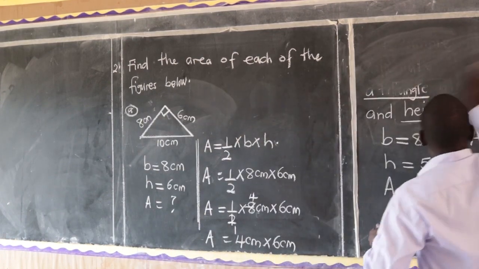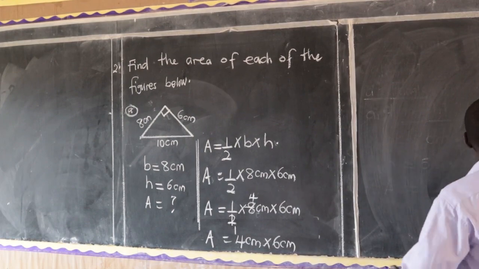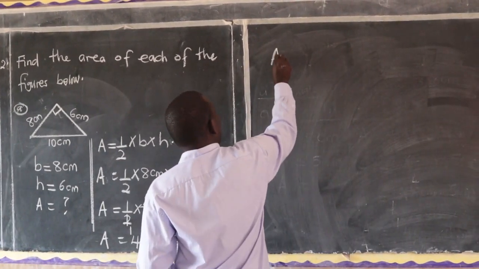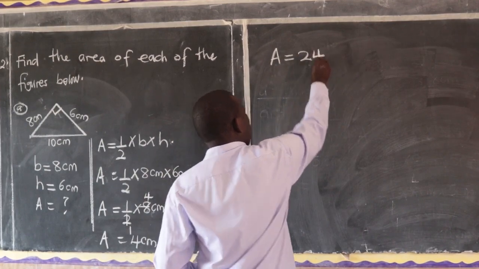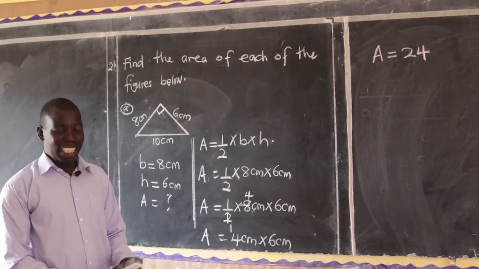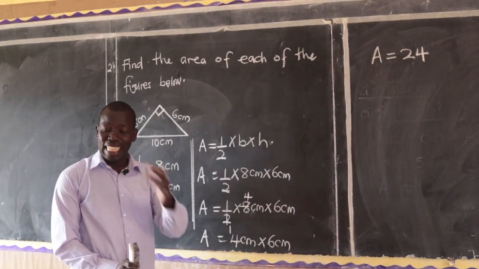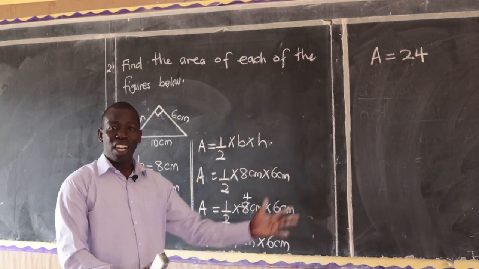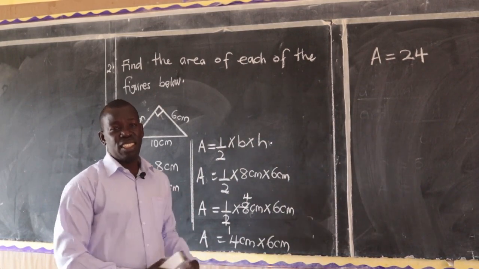Good. Somebody I know has already got the answer, has written the answer. The answer is 24. Is that right? No, I said talking about area, children. This is a region covered by squares.